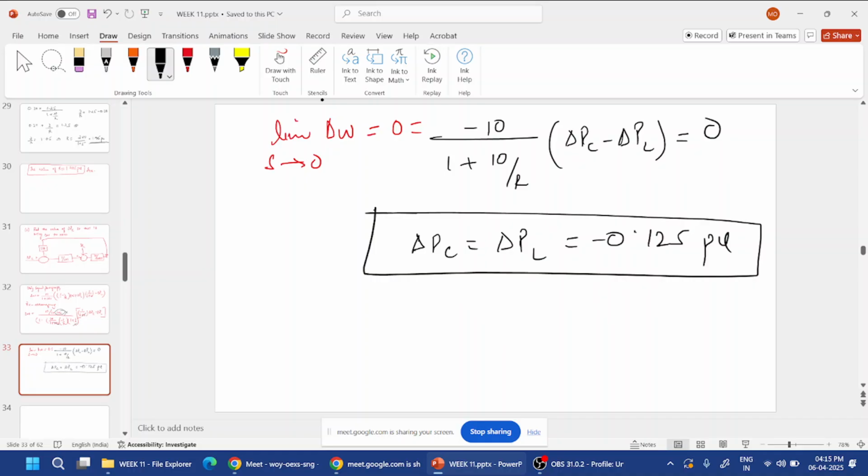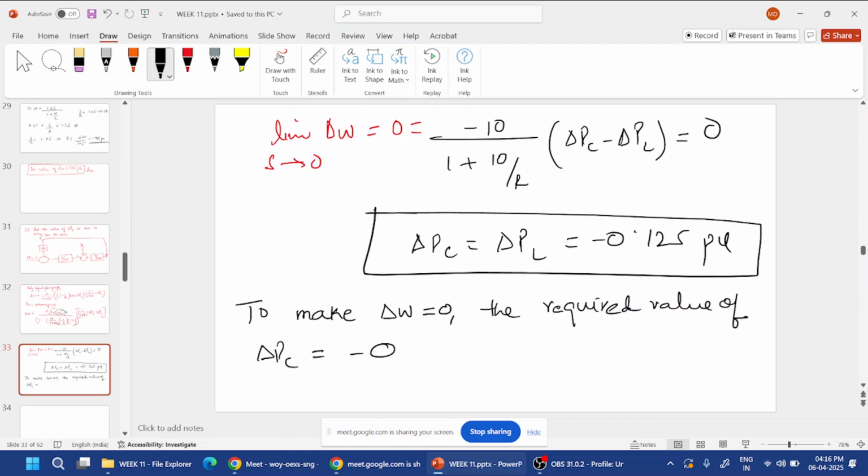So to make del W 0, the required value of del PC is minus 0.125, or in a more general term, equal to del PL. I hope you have understood the concept.